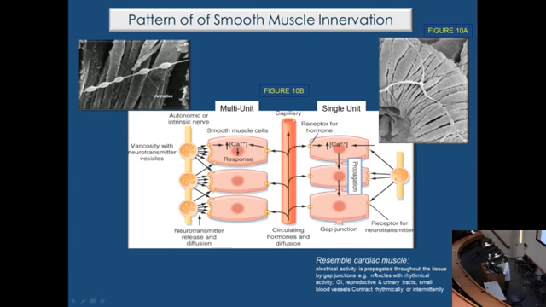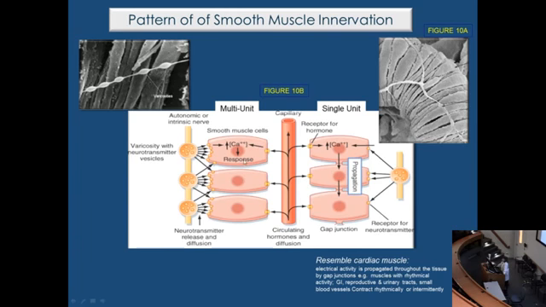So the electrical activity will be propagated through the tissue. And I have here some examples of the muscles that experience this type of, mostly rhythmical, activity. We have the GI, the reproductive, and urinary tracts, and also small blood vessels that will contract rhythmically.